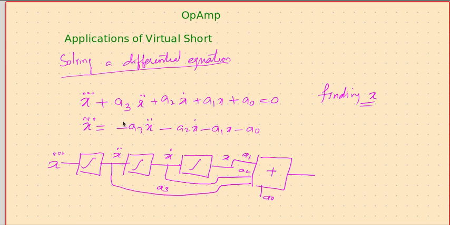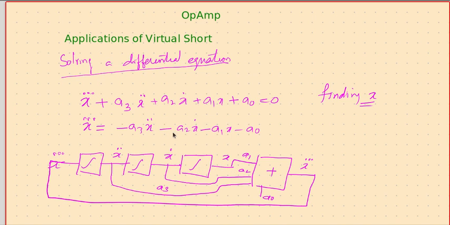What is this? This is what we had on the left hand side, that is x triple dot, and that's where we had started. That means these two points are talking about the same thing. So we say yes, they are the same. That makes one loop. If I assume that I know x triple dot, then I can integrate it and say I know x double dot, integrate that, I know x dot, integrate that, I know x.